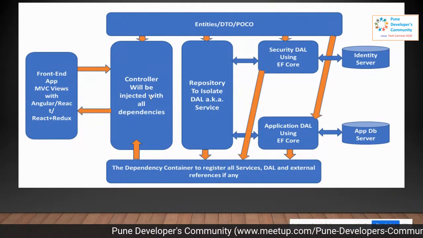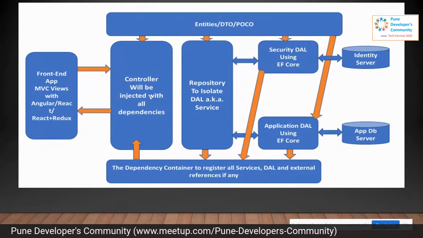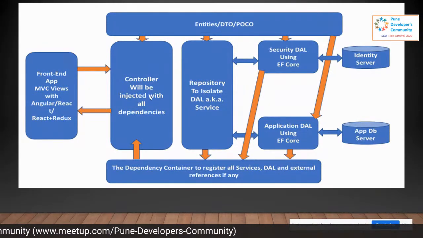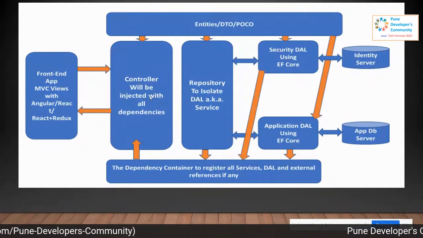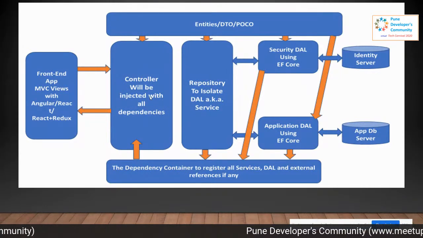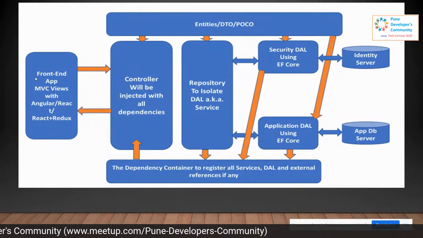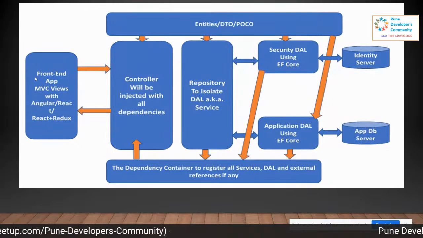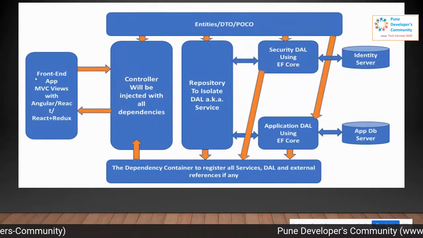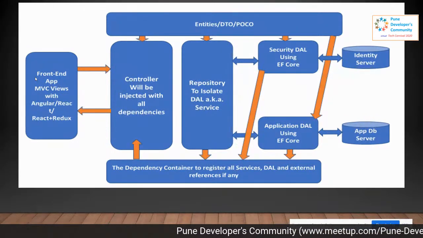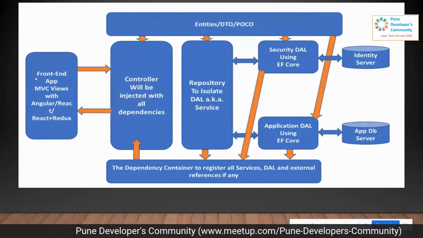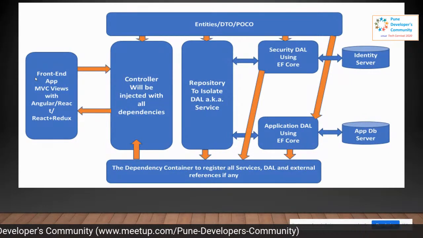Another thing is that when these APIs are being subscribed to by the clients, we might have JavaScript clients, that is an Angular client or React client or Vue client or simple jQuery, whoever it is. These clients are going to make a call to our API with the help of their AJAX methods or AJAX objects.